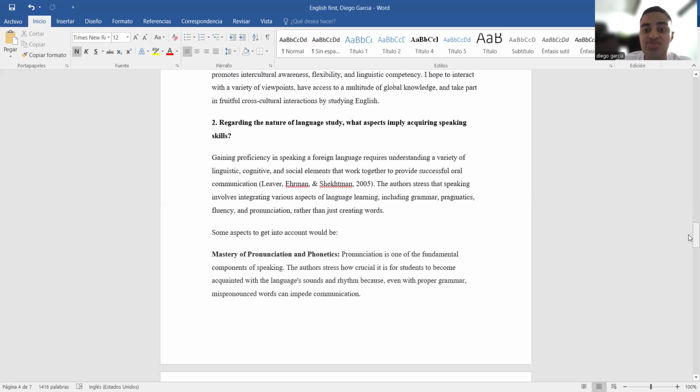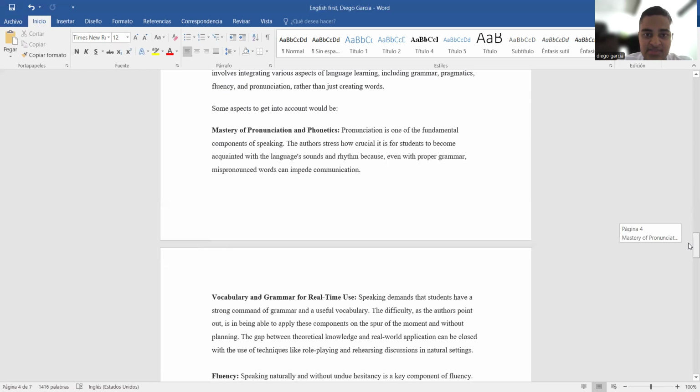The authors stress that speaking involves integrating various aspects of language, including grammar, pragmatics, fluency, and pronunciation, rather than just creating words. Some aspects that we could take into account in this conversation will be mastery of pronunciation and phonetics.